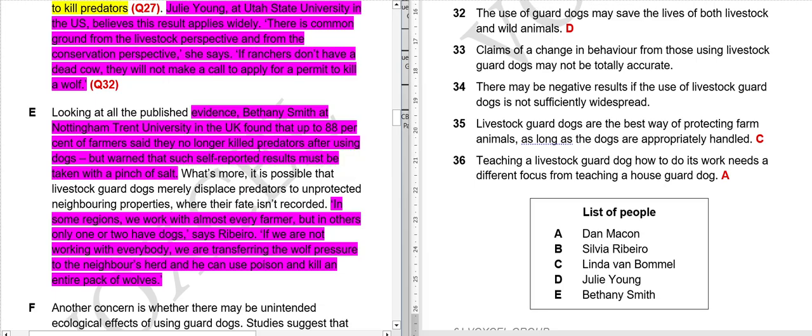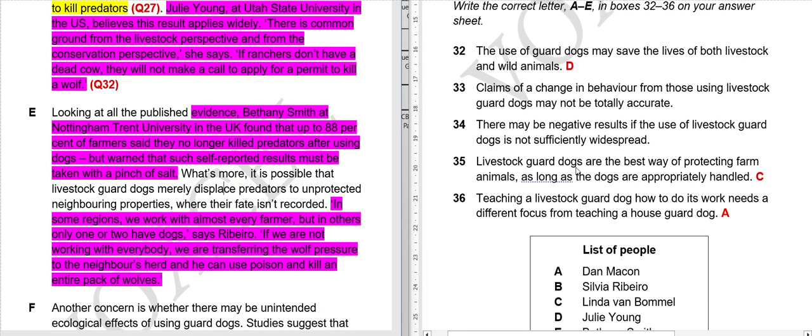So this person is saying that whatever the data we have been presented with, it should be taken with a pinch of salt. That we should be wary of that. We should not believe it blindly. There could be discrepancies, there could be differences in the actual data and the data that has been reported. So let's see 33rd question.